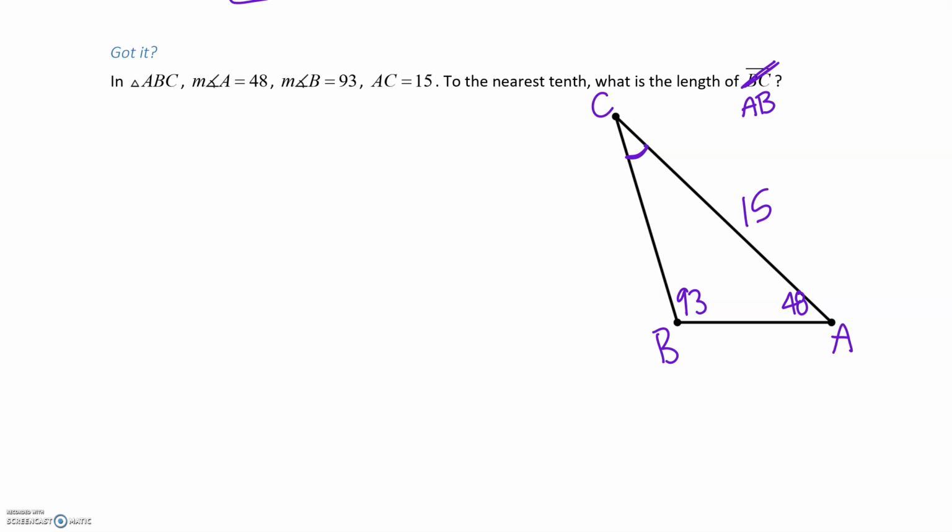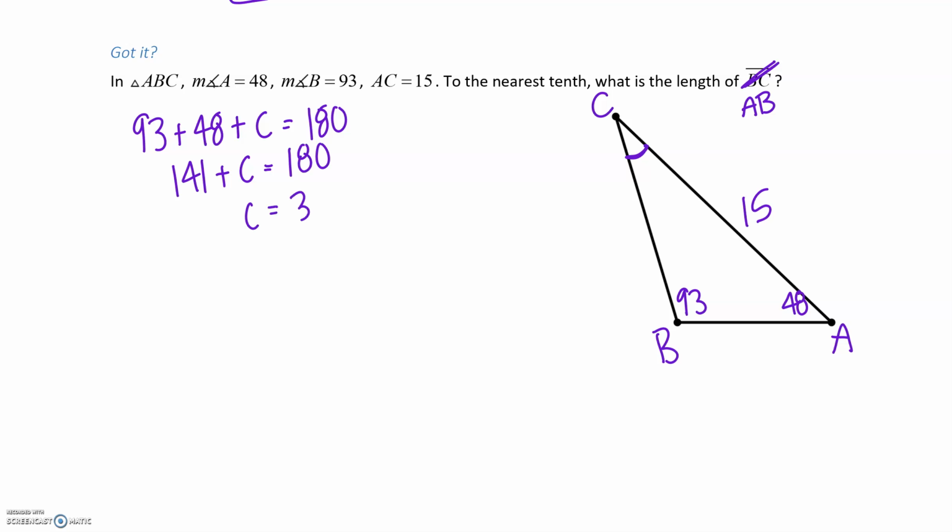So to find this angle C, we are going to have 93 plus 48 plus C equals 180. So that gives us 141 plus C equals 180. And that leaves us with C equals 39. So this is going to equal 39, and we want to find AB, okay?